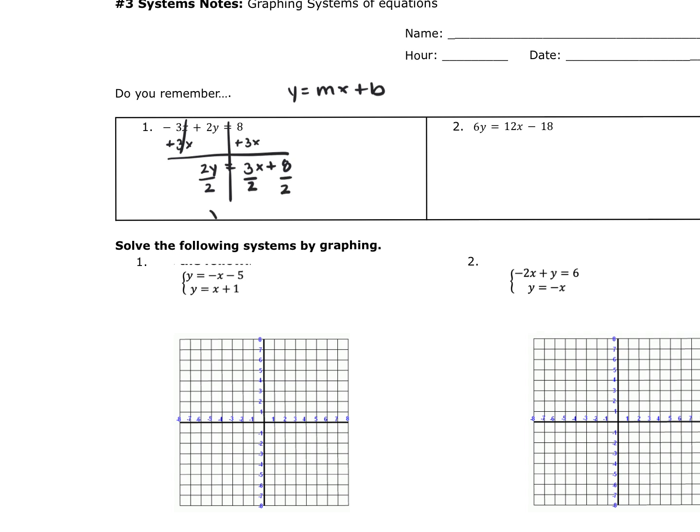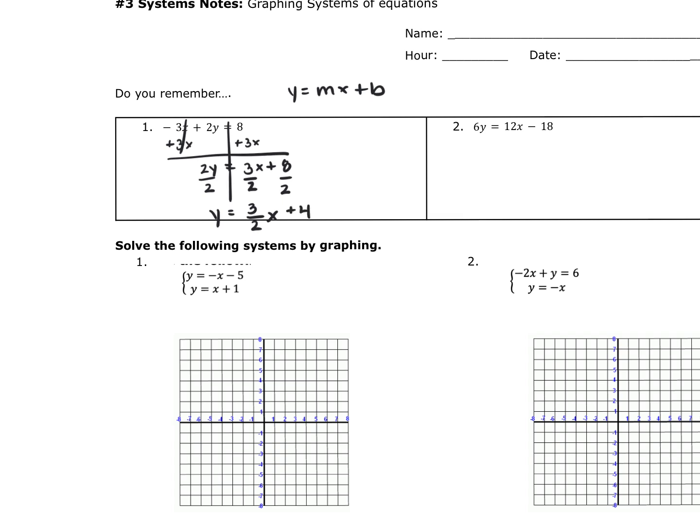That's going to leave me with y equals, this 3 over 2x can just stay a fraction. So if I were to take 3 divided by 2 in my calculator, I would get 1.5. And you could go up 1.5 and then over 1, but it's just easier to go up 3 over 2. And then that 8 divided by 2 is going to give you a 4.